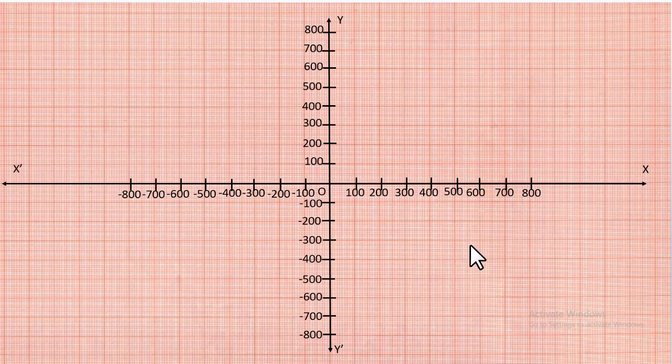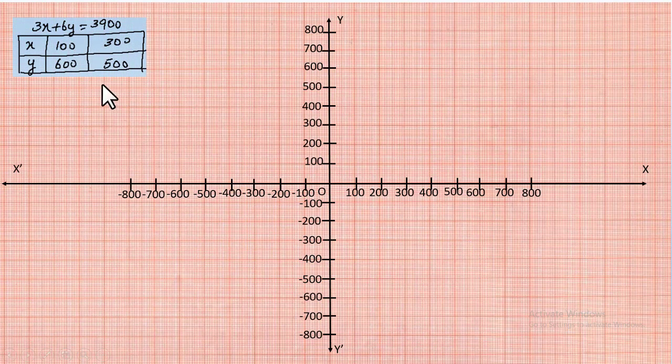So now let us plot the graph for the equation number 1, that is 3x plus 6y is equal to 3900. So here, since x and y value are in terms of 100, we will take the x-axis and y-axis again with 100 units of difference. Okay, so here on x-axis we have taken from 100 to 800, and similarly on y-axis we are taking the values from 100 to 800.